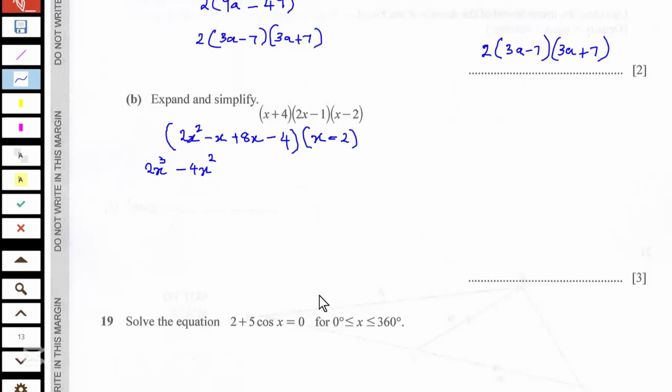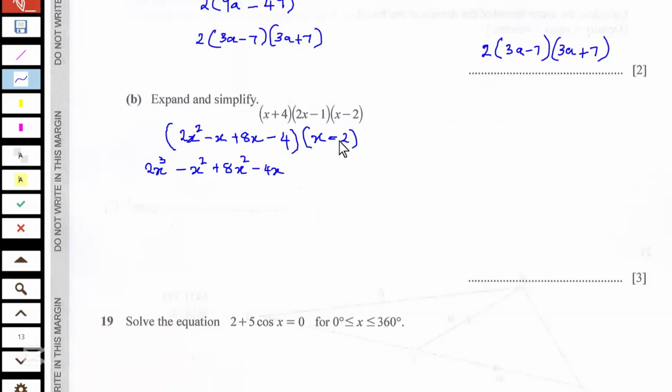Let me erase this first. So x will multiply every single term inside the bracket before multiplying negative 2. So I've got x times 2x squared, 2x to the power of 3. X times x will be minus x squared. X times positive 8 will be plus 8x squared. X times negative 4 will be minus 4x.